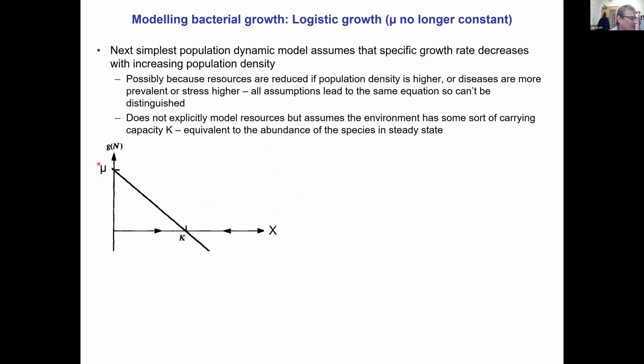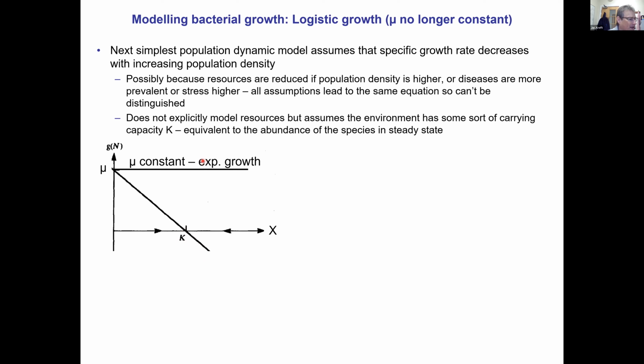So this is our specific growth rate here. At a very low population density, it's the highest value, and then with increasing density, this specific growth rate will decline linearly and even reach negative values beyond this population density called K for carrying capacity.